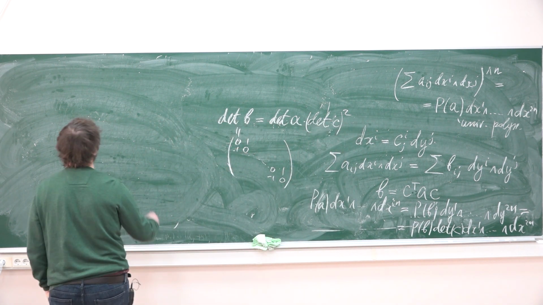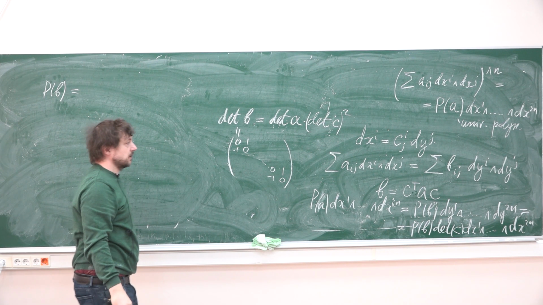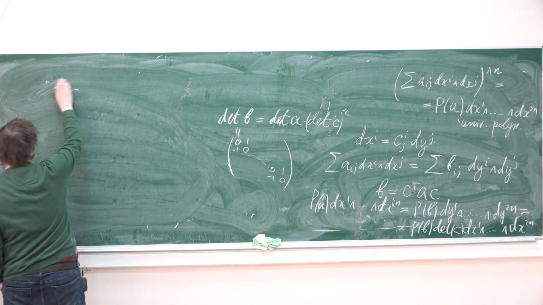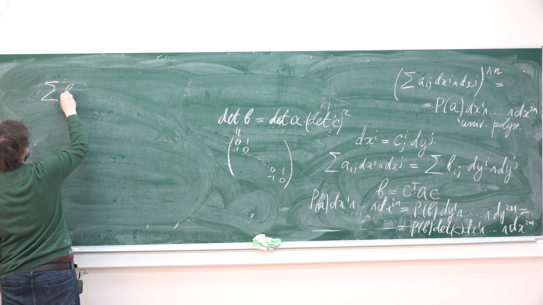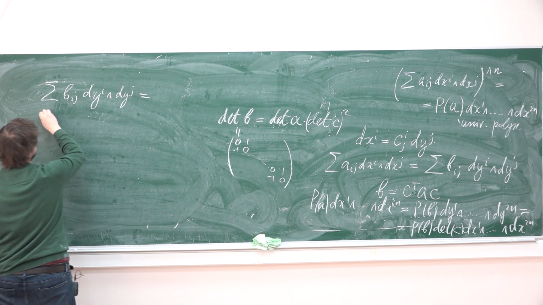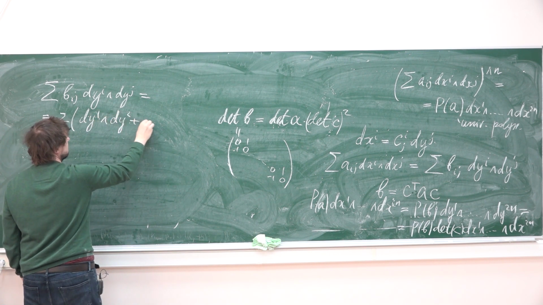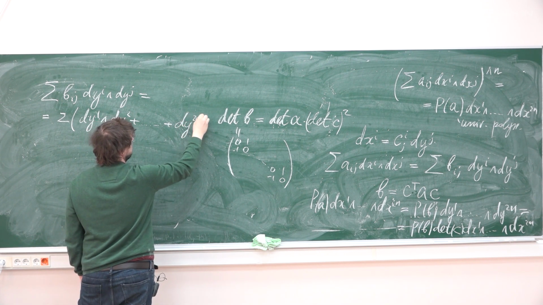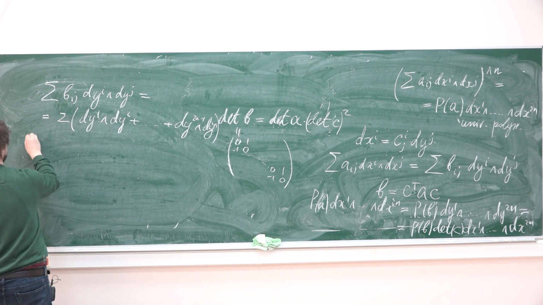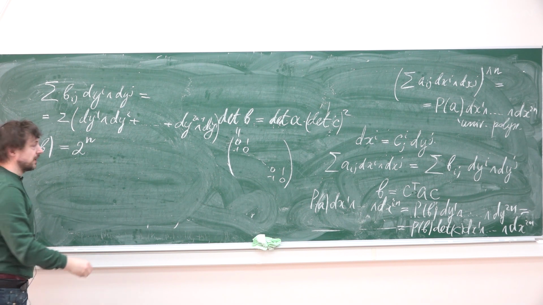In this case, the sum of bij dyi dyj will be equal to 2 times dy1 dy2 plus and so on plus dy(2n-1) dy2n. So P of B will be equal to 2 to the power n times n factorial.